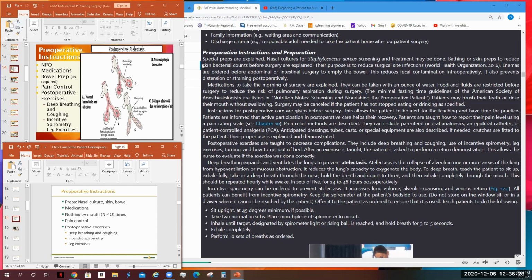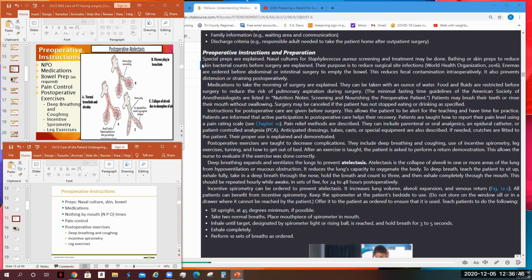Medications to take the morning of surgery are explained. They can be taken with an ounce of water. Food and fluids are restricted before surgery to reduce the risk of pulmonary aspiration during surgery.